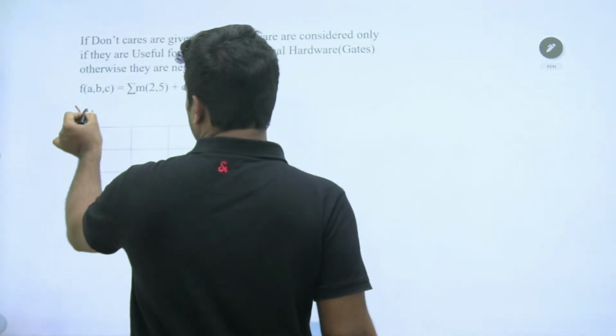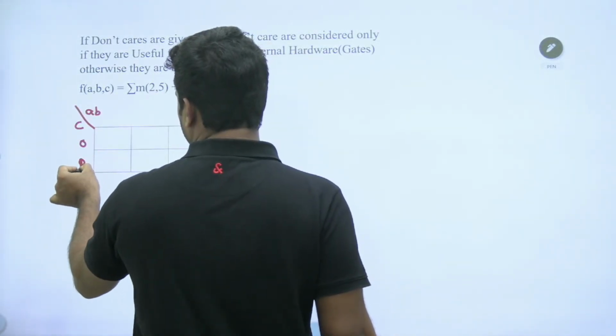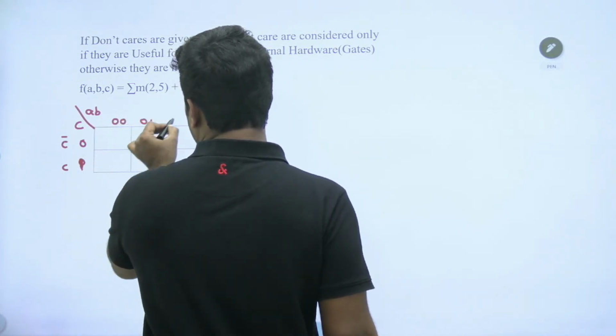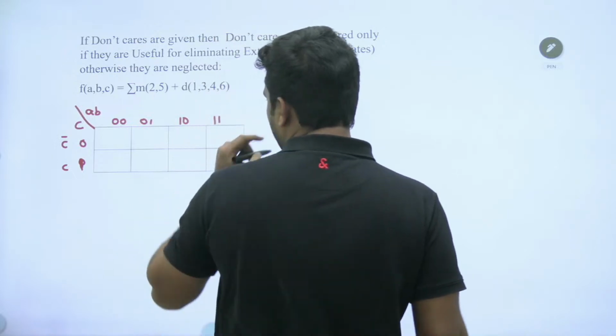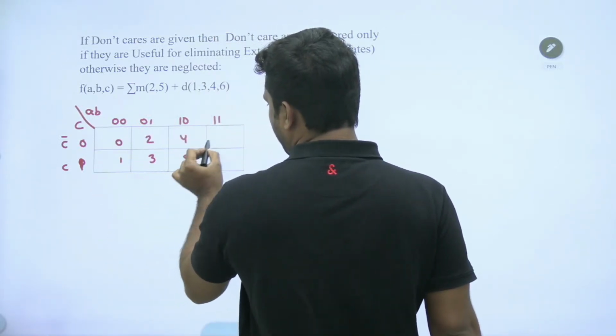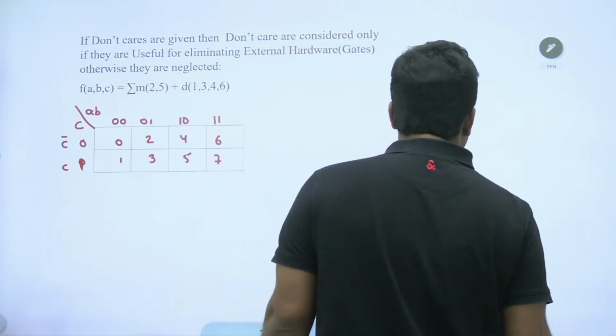Suppose take this function of A, B, C. C bar and C; 0 0, 0 1, 1 0, 1 1. A B C: 0 1 2 3 4 5 6 7.